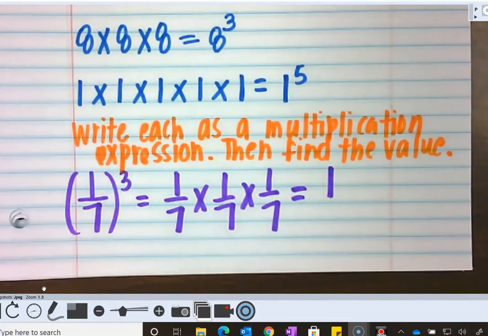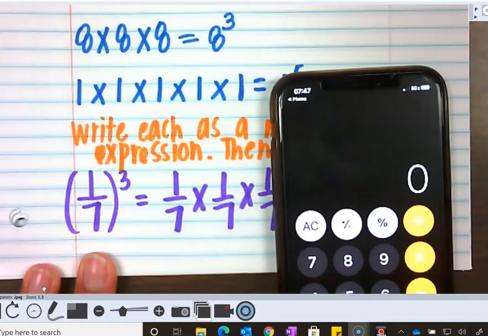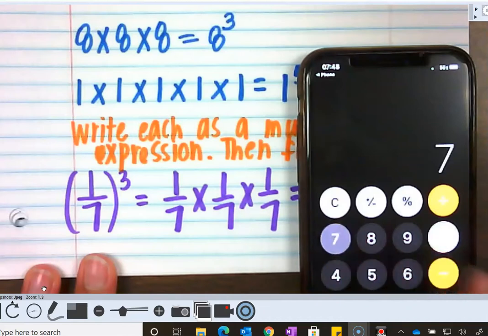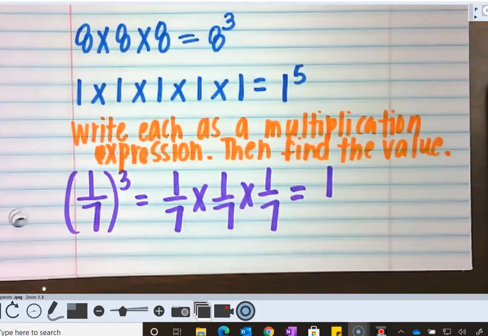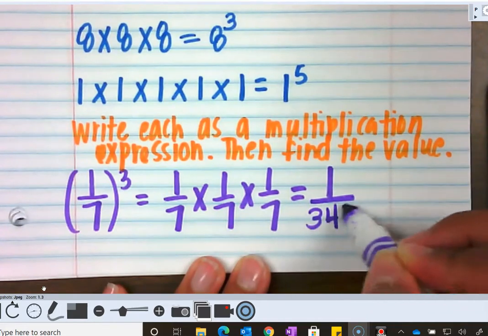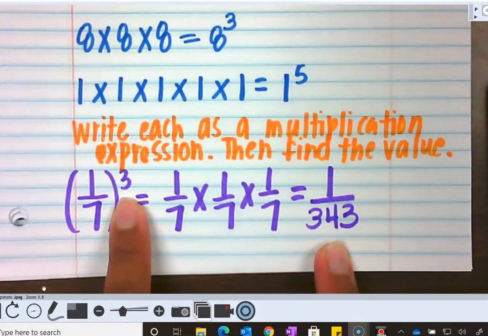And then I can get my calculator so I don't have to do too much work in my head or on my paper. I want to get 7 times 7 times 7. 343. And I like to recheck to make sure I typed it in right. 7 times 7 times 7. 343. So 1/343 is the value of 1/7 to the third power.